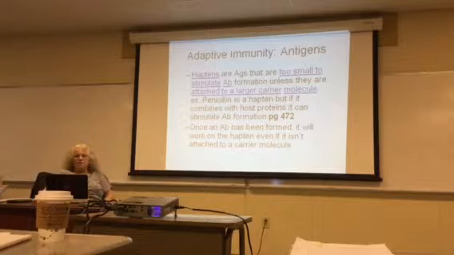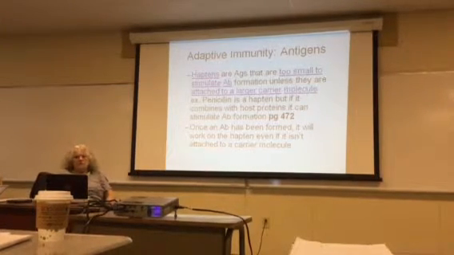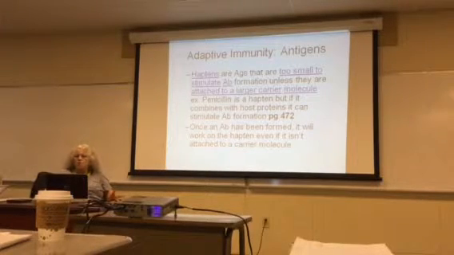Haptens are antigens that are too small to stimulate antibody formation, so they have to be attached to a larger carrier molecule. An example of that would be penicillin. It's small, it's considered a hapten, but if it combines with your proteins, it can stimulate antibody formation. You can see a picture of this in your book on page 472.